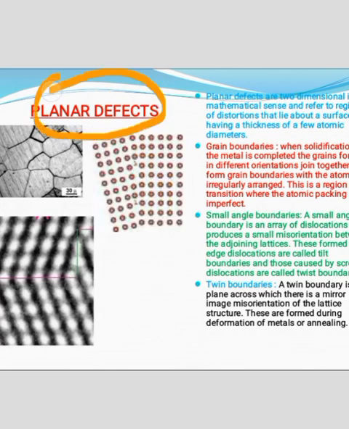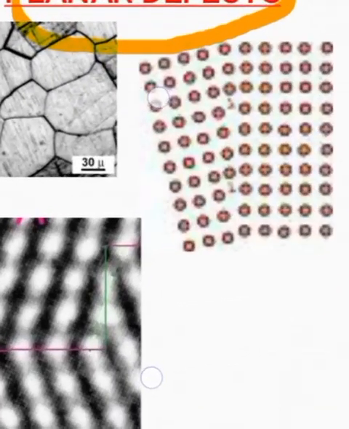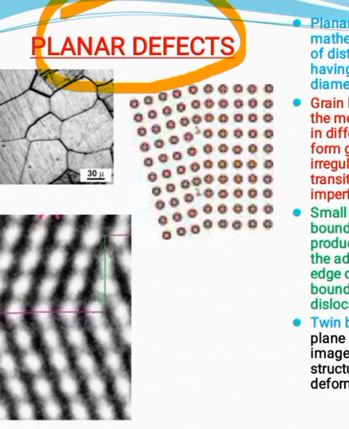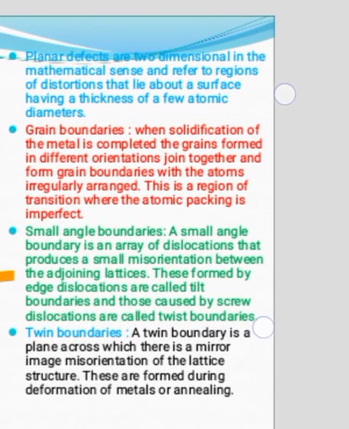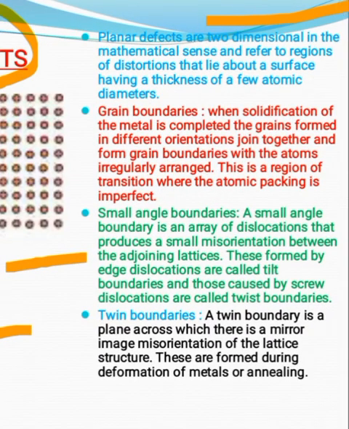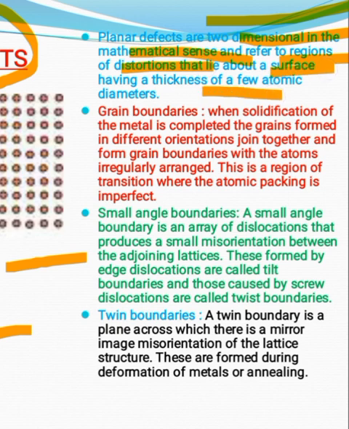And planar defects. So you see the planar defects. Planar defects are two-dimensional in the mathematical sense and refer to regions of distortion that lie about a surface having a thickness of a few atomic diameters.